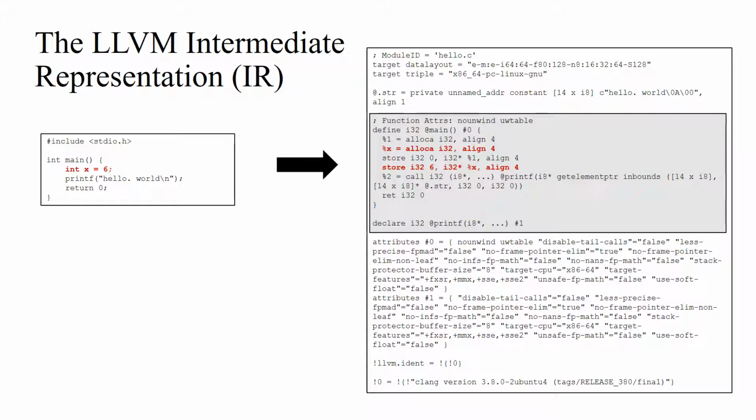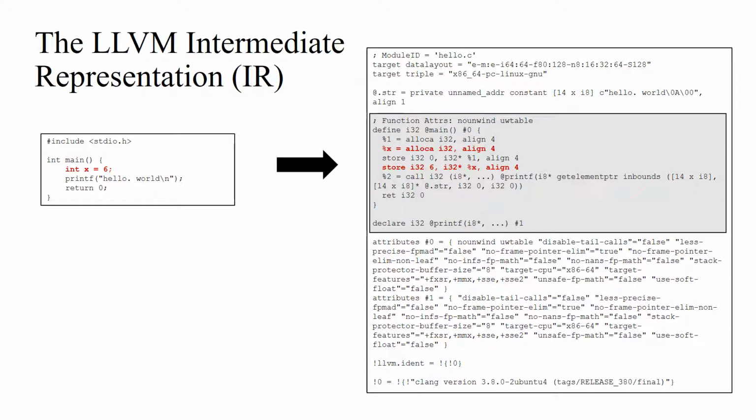On the left is an example Hello World C program with a local variable x created and initialized to the value of 6. After being sent through the Clang compiler, we see the output IR code on the right. The gray box within the IR code file is specifically the main function of the code on the left.